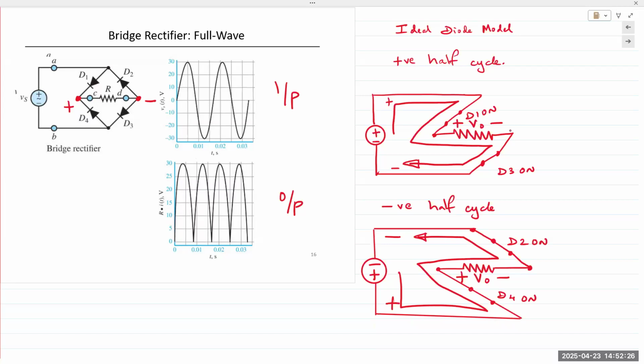Anybody hear of the term called wall wart? Wall as in walls, and wart as in W-A-R-T. That was a nickname given to all of these chargers and adapters that plug into the wall.